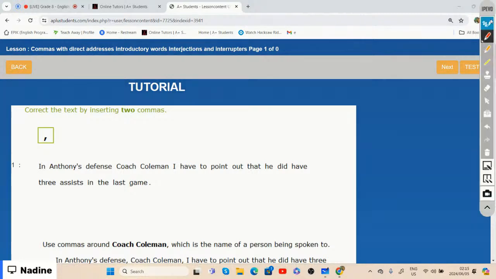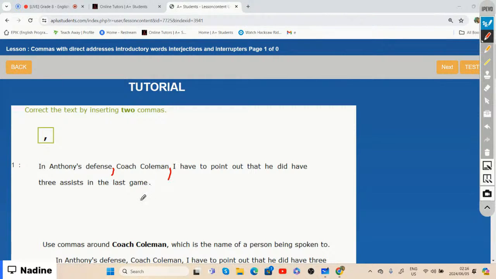Sorry, I had to reread it. You see, that is why, because here it says we need to correct the text by inserting commas, right? Remember, we said that we use commas to separate names, certain words, interjections, interrupters, and to complete the sentence. So we can say, in Anthony's defense, comma, Coach Coleman, comma, I have to point out that he did have three assists in the last game.